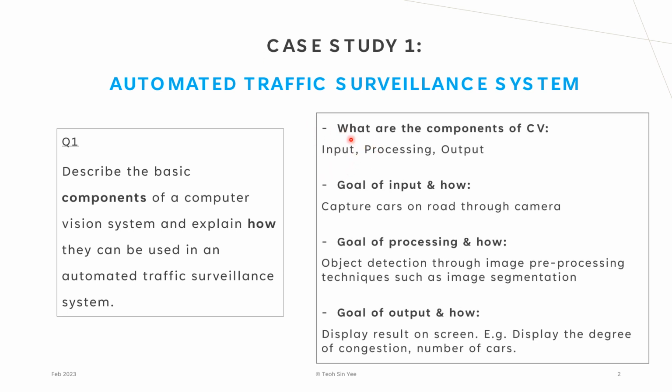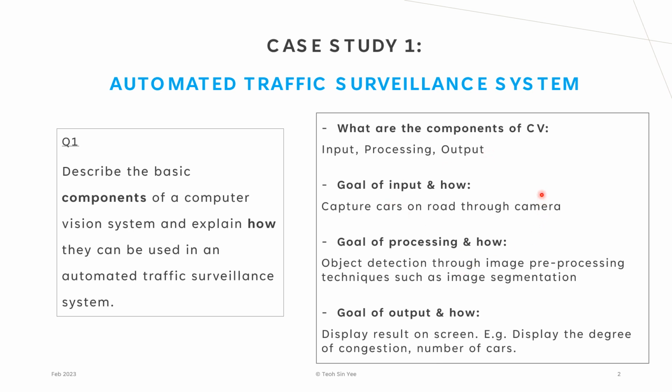The input will be the images that we capture using the camera. After we get the images, how can we achieve the output that we want? Of course, we need to do some processing here, and we extract some useful information. Eventually, we output to the screen, right?